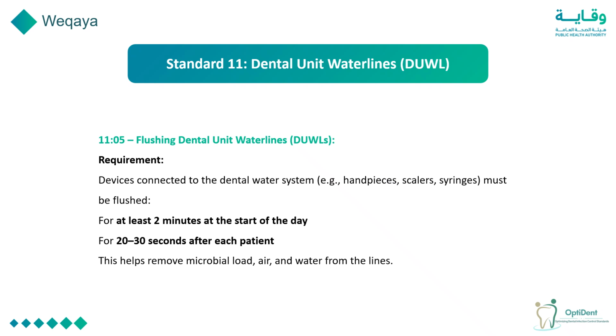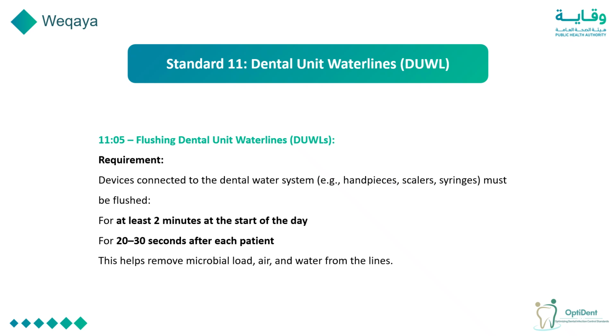Now we are going to discuss the substandard number five, which is flushing dental unit water lines. The requirement: devices connected to the dental water system, like handpieces, scalers, syringes, must be flushed.